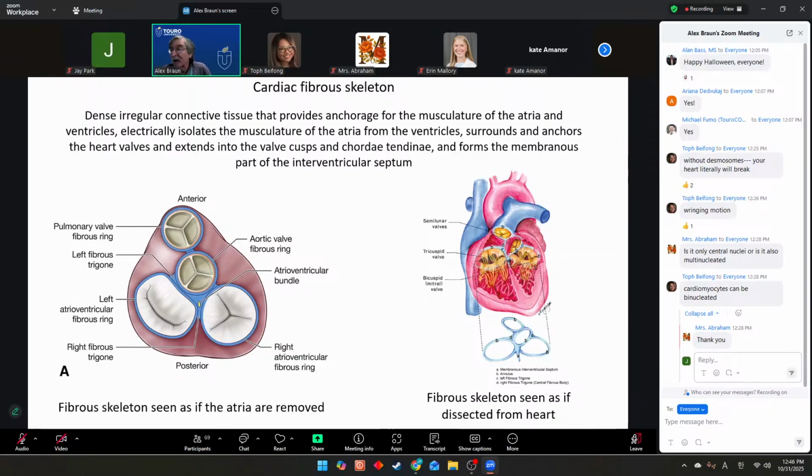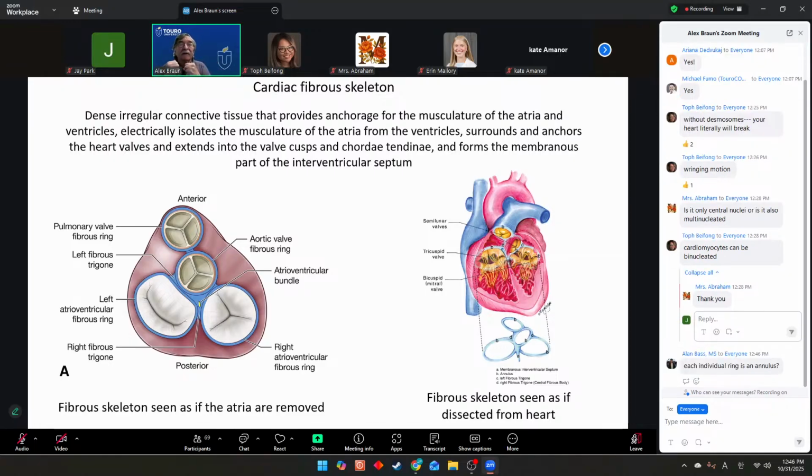As far as functions of the cardiac skeleton, we mentioned that it electronically isolates the atria from the ventricles. We also mentioned that the cardiac skeleton gives anchorage to the cardiac valves. And the third thing that it does is that it allows the atrial muscle and the ventricular muscle to anchor itself to the cardiac skeleton.